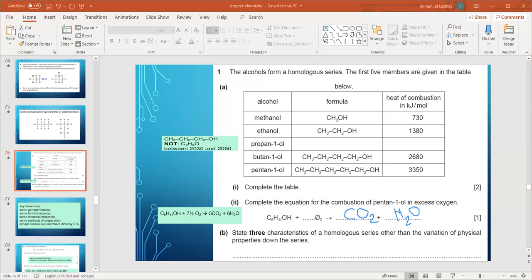So I have 5 carbons over there, so I would want 5 carbons on this side. I have 12 hydrogens over here, so I want 6 waters, which means I have 10 oxygen from the carbon dioxide and 6 is 16 oxygen.